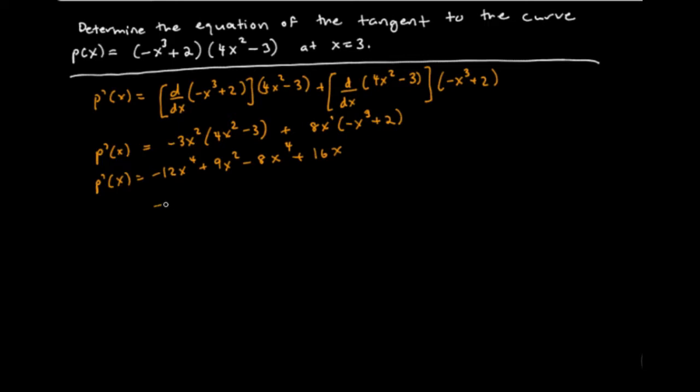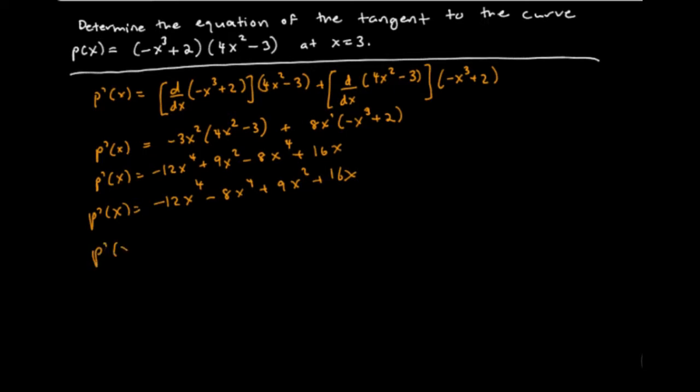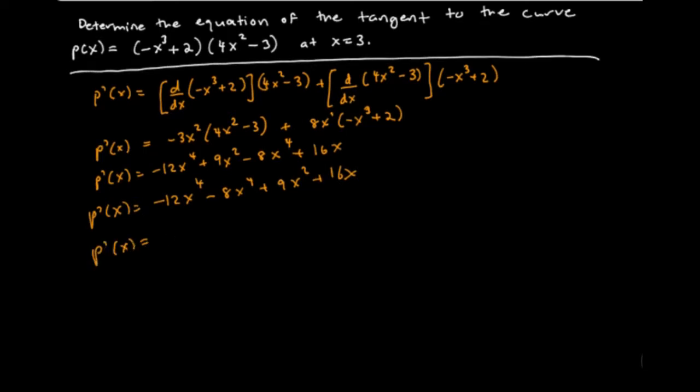Now we want to collect all the like terms, so the only two like terms I see are negative 12x to the power 4 minus 8x to the power 4, plus 9x squared plus 16x. So collectively, your derivative is basically negative 20x to the power 4 plus 9x squared plus 16x.